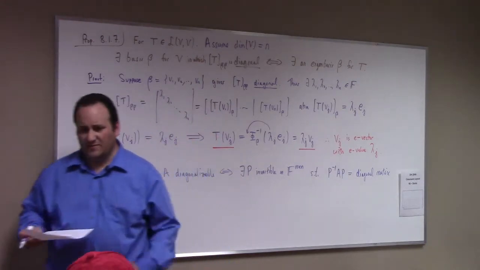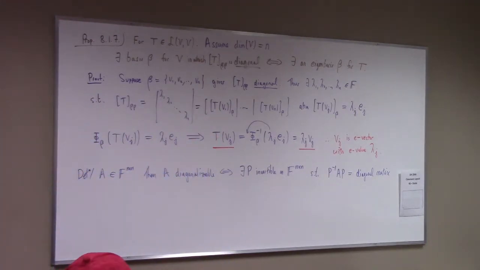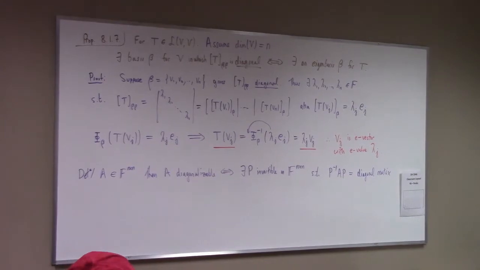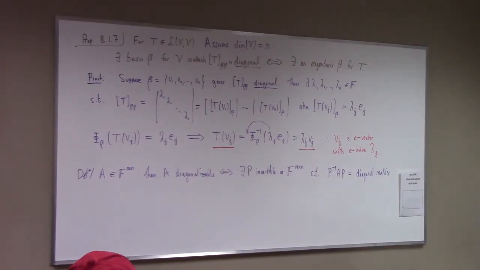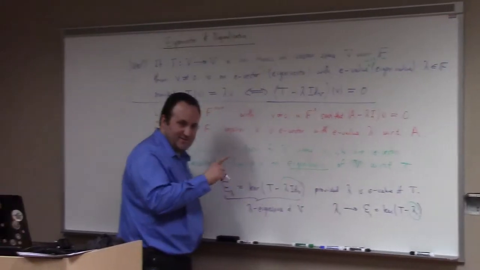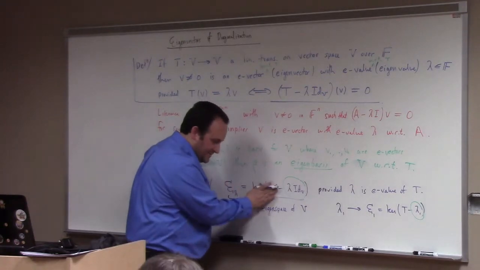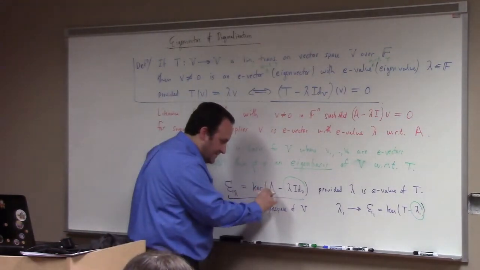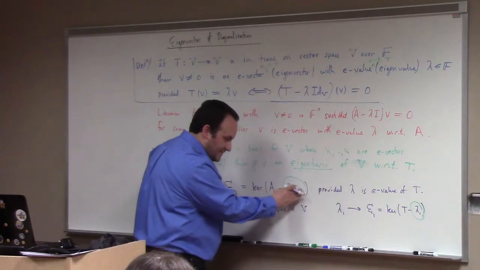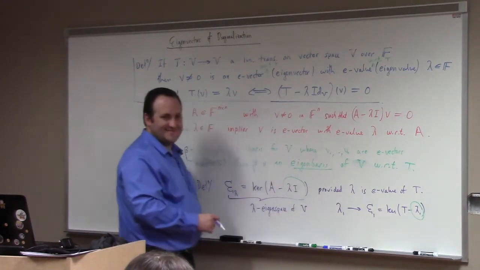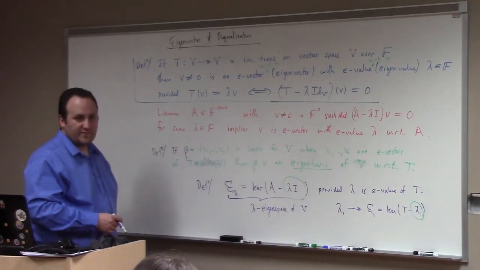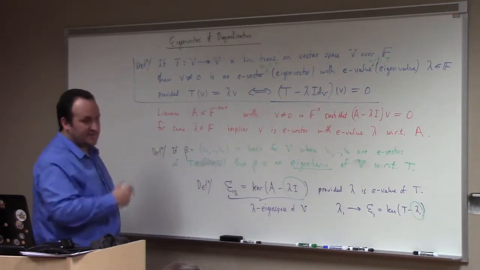By the way, we could also define eigenspace for a matrix. How would you define the lambda eigenspace for a matrix A? So just the same, but with the identity matrix.